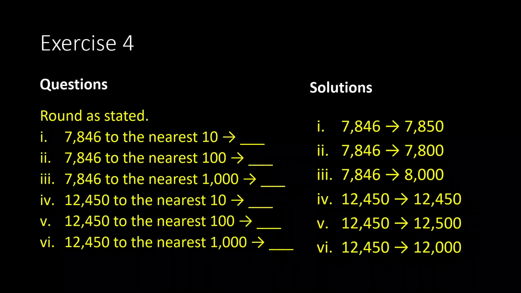Notice that 12,450 stays the same when rounding to the nearest 10, because it is already a multiple of 10. Also note that when rounding to the nearest 1000, 12,450 rounds down because the hundreds digit is 4.